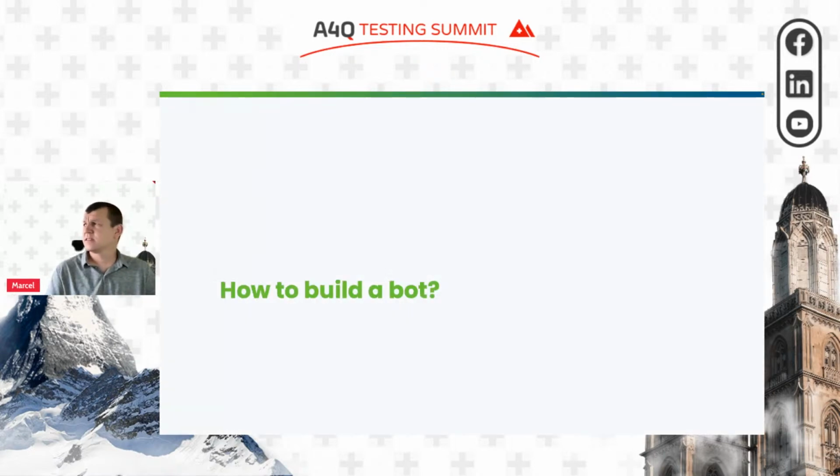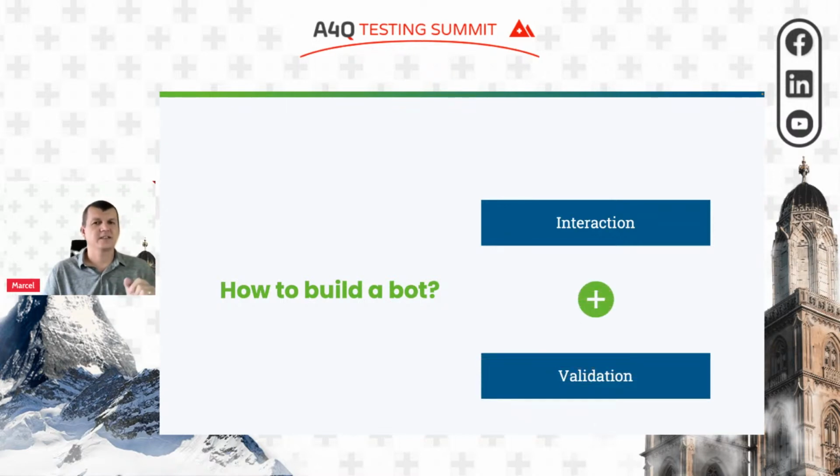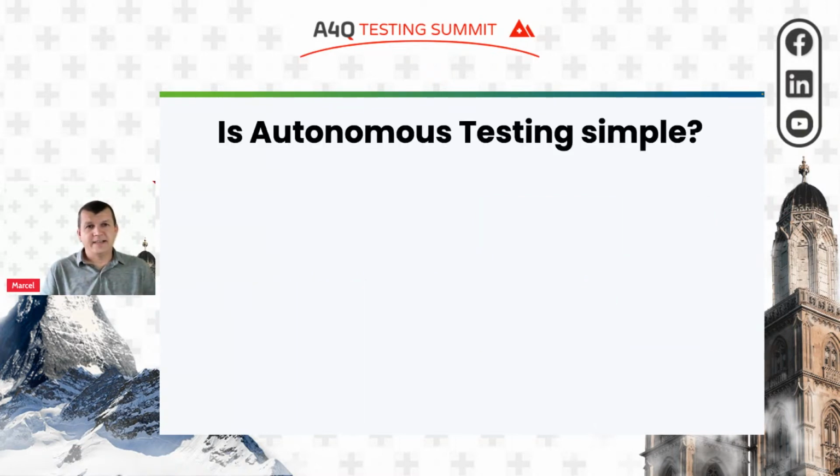It sounds fancy, but what do we need to do to implement a bot into our daily testing practice? I believe in any testing, we need to do some interaction and some validation or assertions, as we call it in test automation. And the question is, is autonomous testing so simple? Interaction and validation?